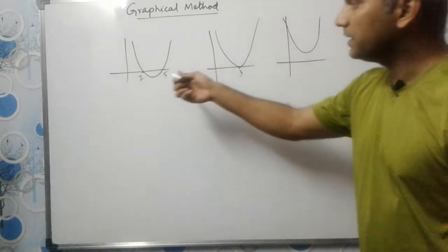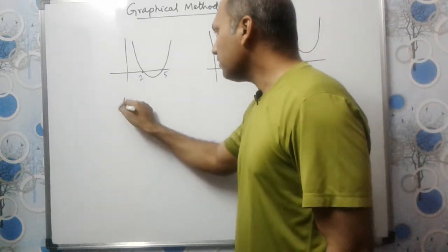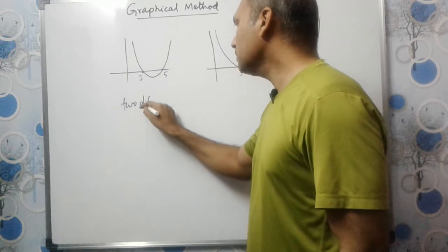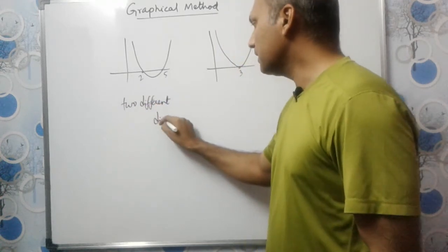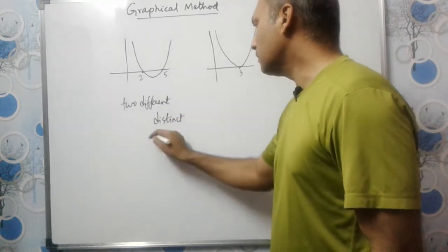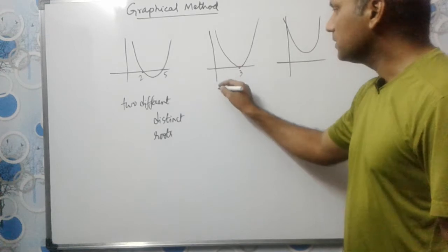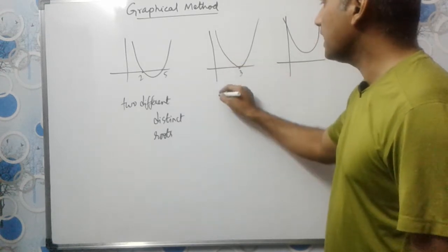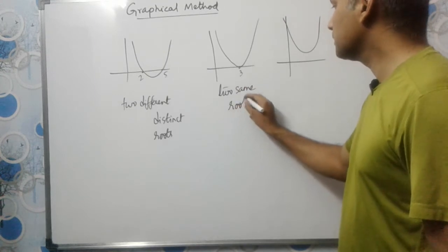The graph will either touch x-axis at 2 different points. Okay. So it will have 2 different or distinct roots. In this case, the graph or the equation will have 2 same roots. Okay.